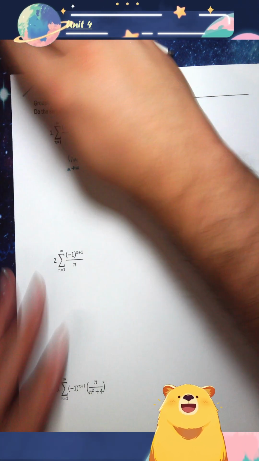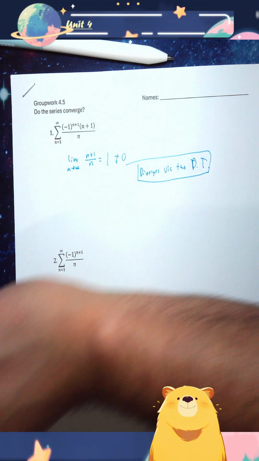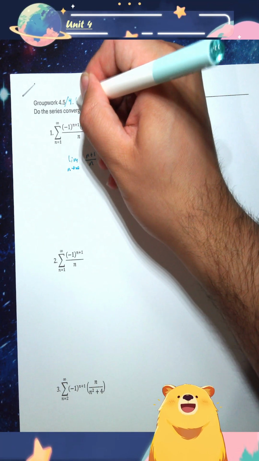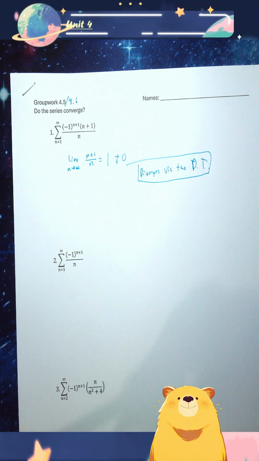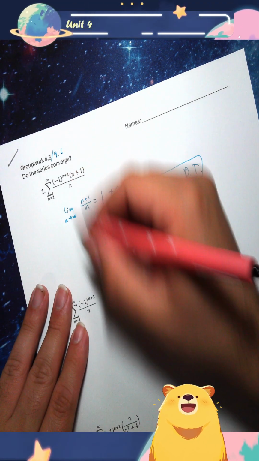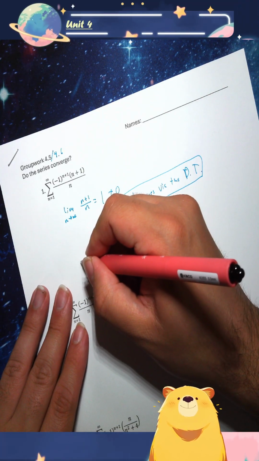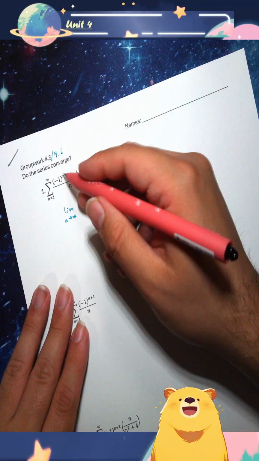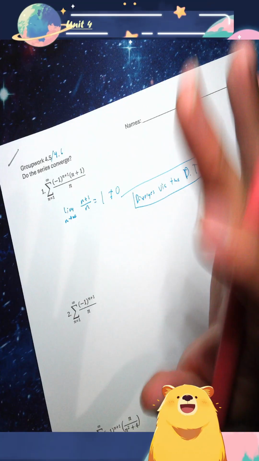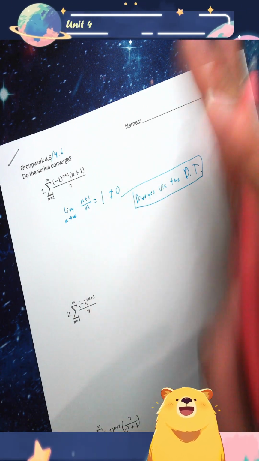Let me do another color for the ratio. Oh, I need to fix that typo. Then for the ratio, you take the m plus 1 term.